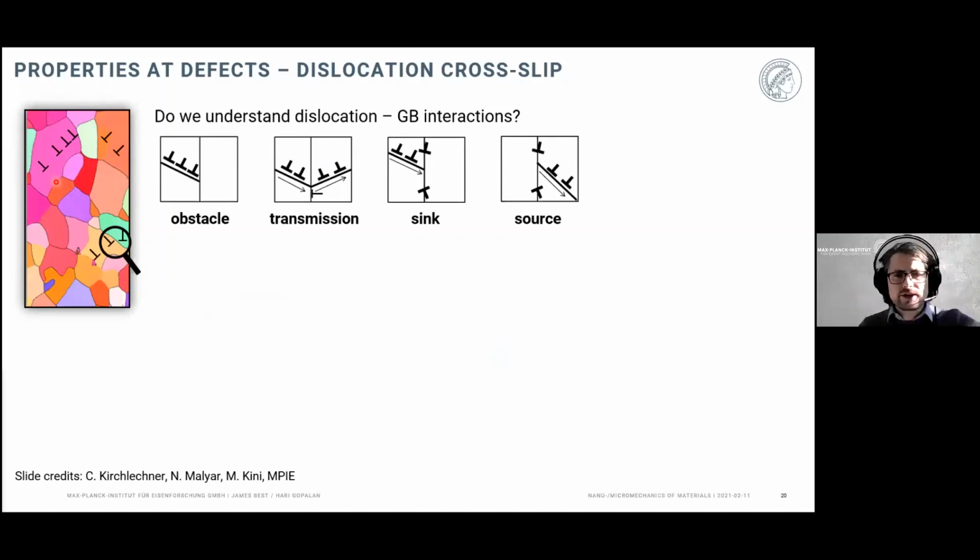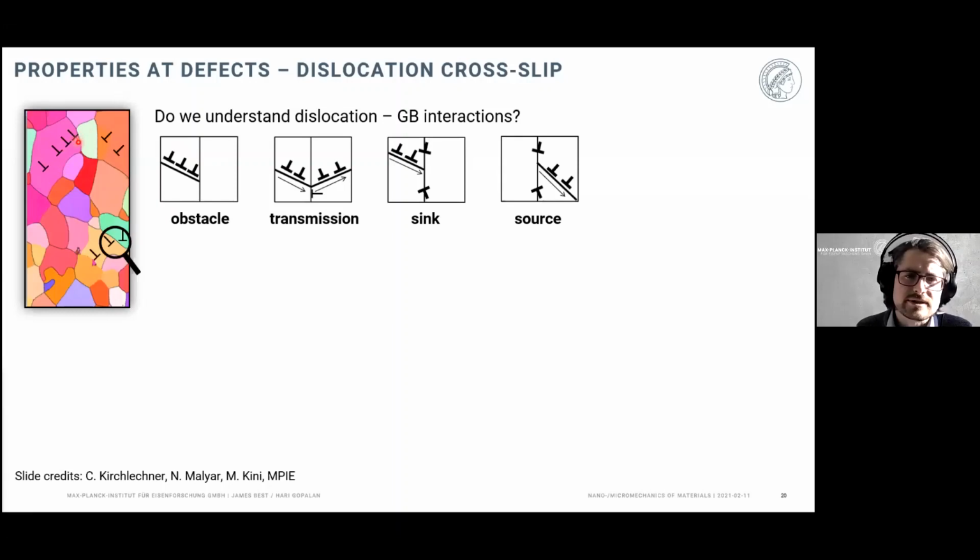So if we stretch on this, we know from the TEM measurements that we propagate our dislocations within the structure during plasticity. But what happens when these dislocations meet the 2D planar defects like grain boundaries?